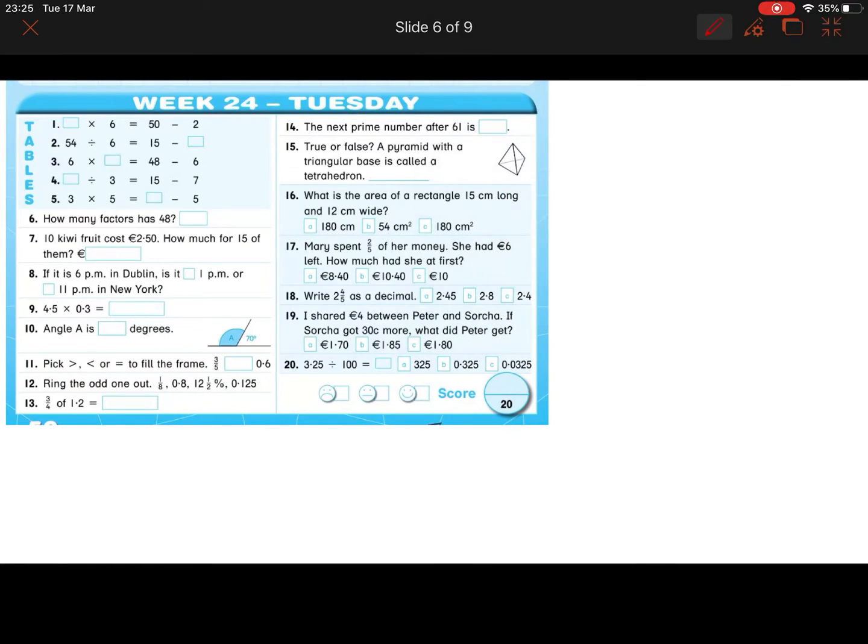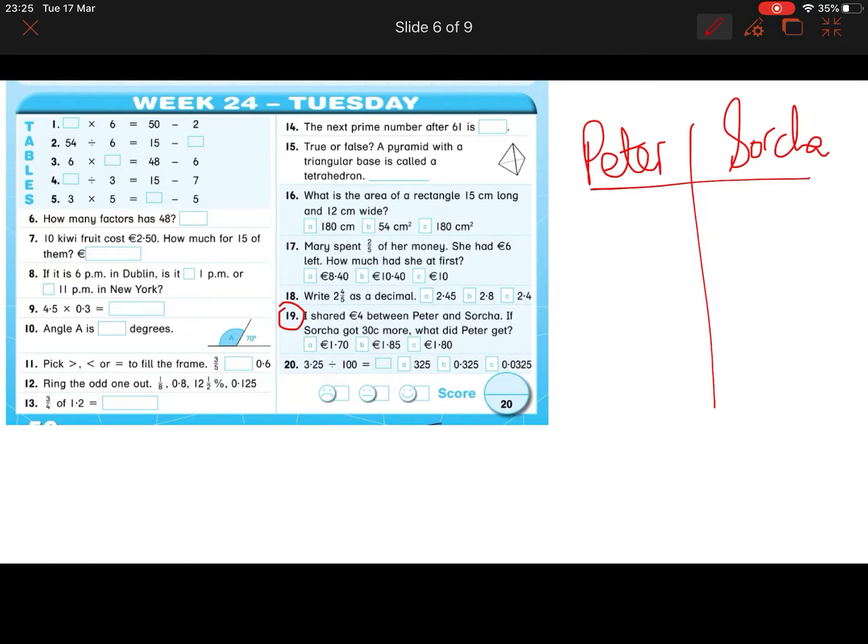Number 19 I think is always quite tricky. So here we have Peter and here we have Circa. So we're sharing €4 between them, and we want Circa to get 30 cent more. So remember, if we're doing it evenly, they'd each get €2 each, but we want Circa to get 30 cent more.